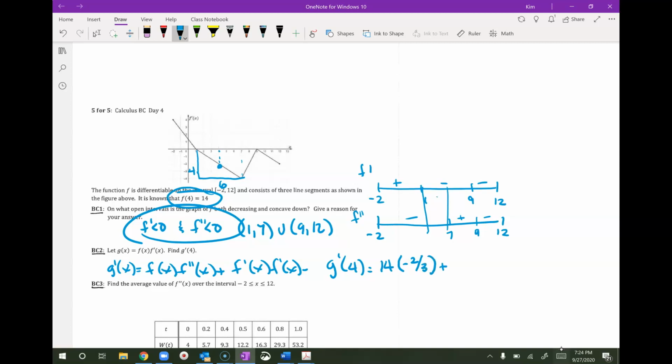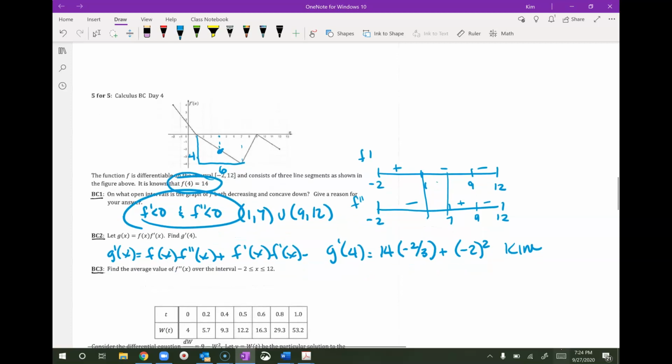And then plus f prime of 4 is exactly the point there, negative 2. So plus negative 2 squared. And if you're anything like me, you're going to keep it messy and move on. So 14 times negative thirds plus 4.